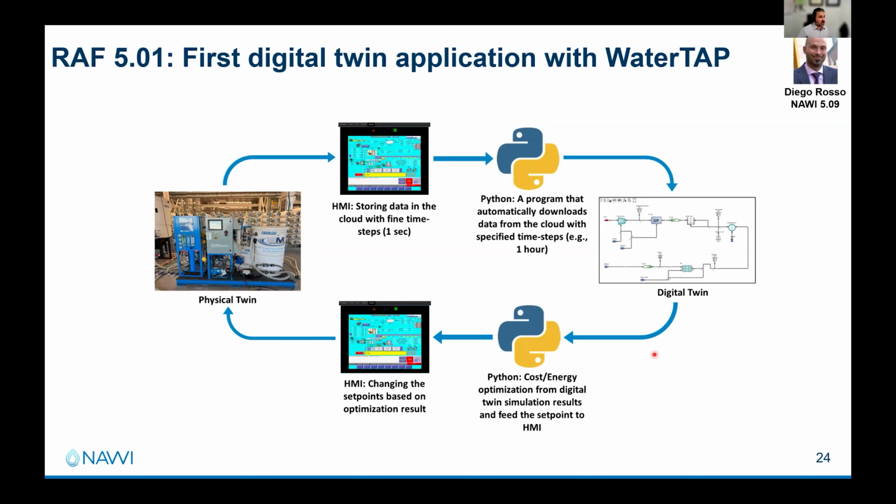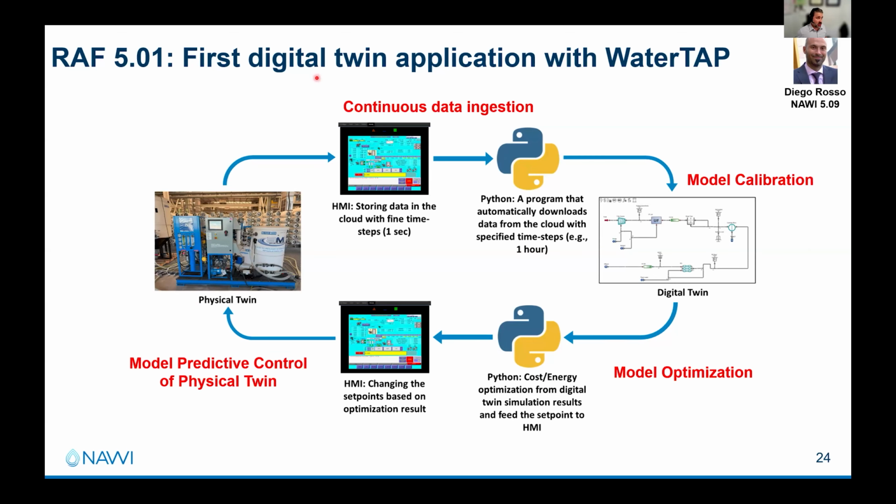Now, if we look at all the steps, you start with continuous data ingestion from the physical twin, followed by model calibration, after doing some pre-processing of the data. Then model optimization. What were they optimizing? They wanted to look at reducing energy costs.